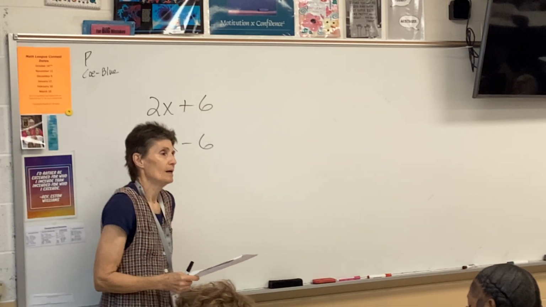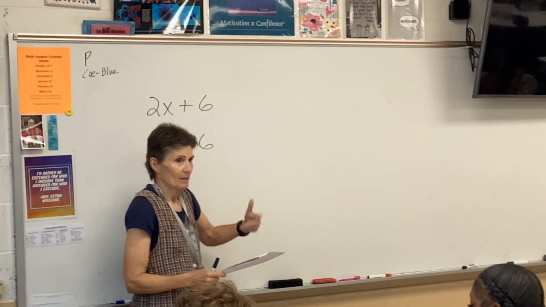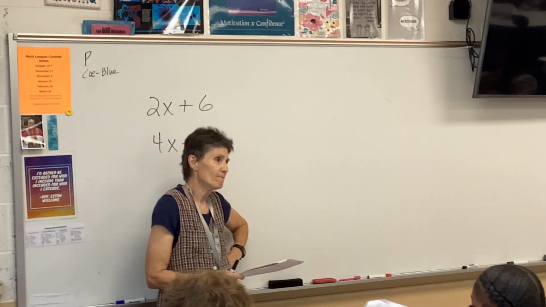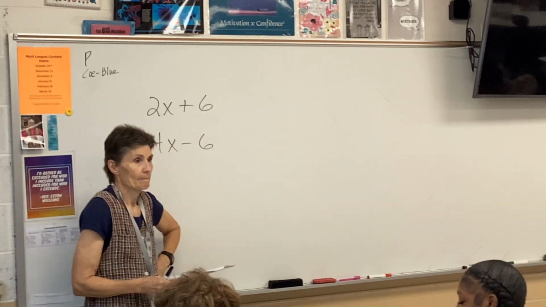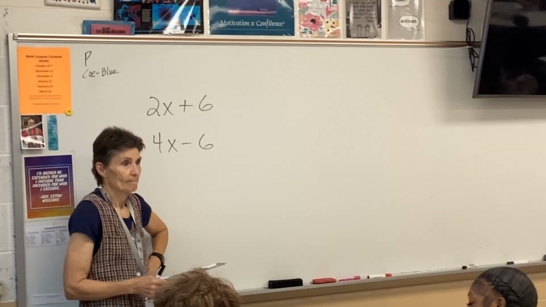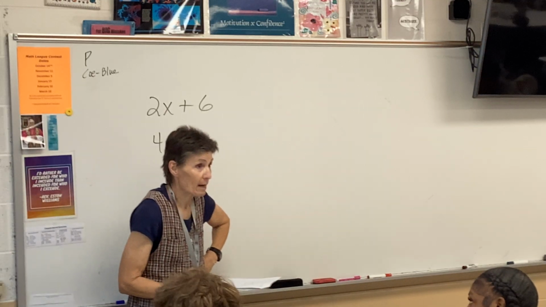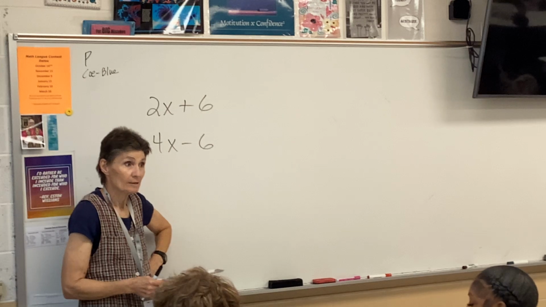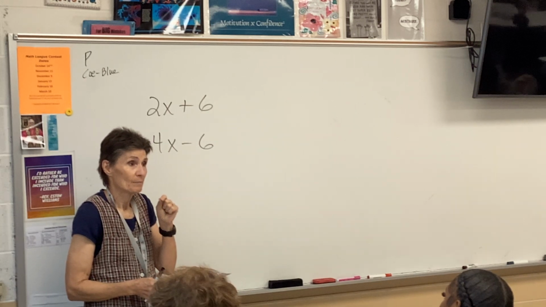24% of a number. How do I express that mathematically? 24% of a number. Okay, you're very close, Gabby. It is times x. That's actually right. But how do I write 24%? 0.24.